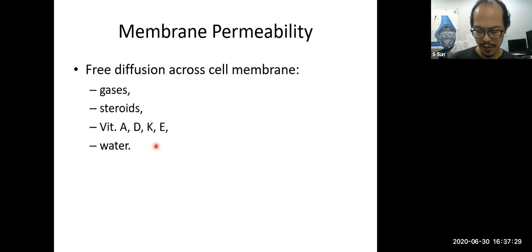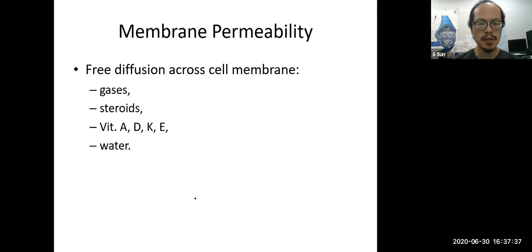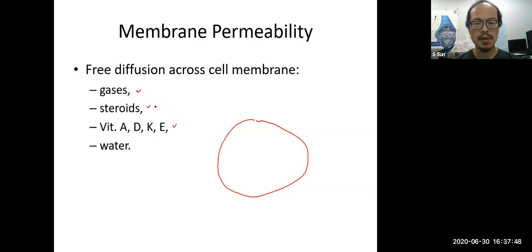Okay, let me get a pen and pencil here. All right, so say this is a cell. They will move based on concentration gradient.